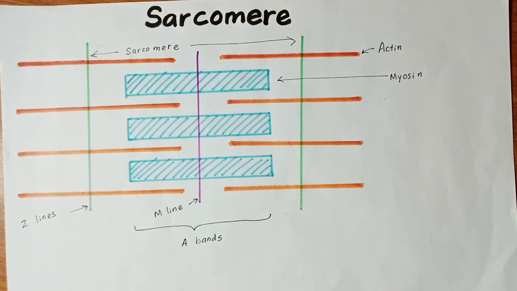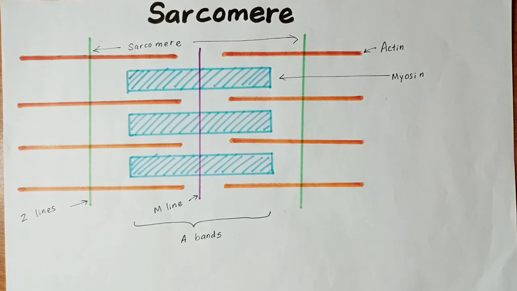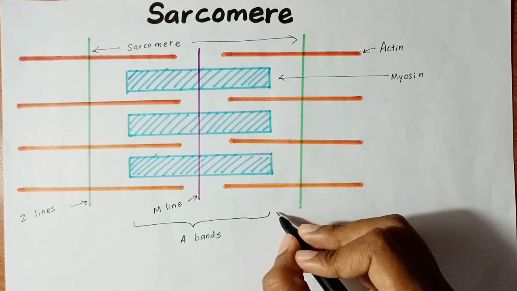And the lighter bands, I bands, consist of only thin filaments, because if they consisted of thick filaments, they would also get darker. So that's why I bands consist only of actin filaments, the thin filaments.